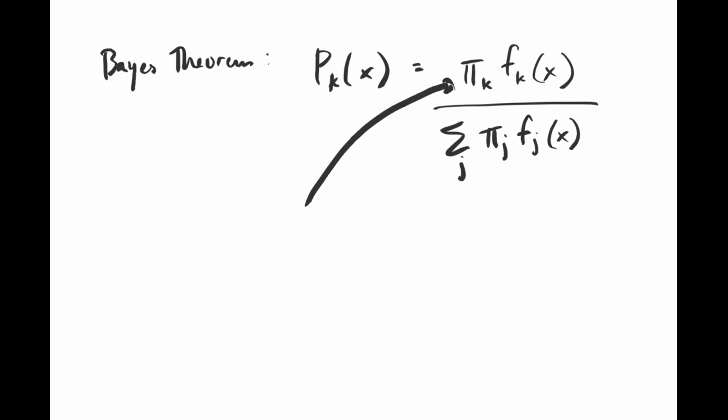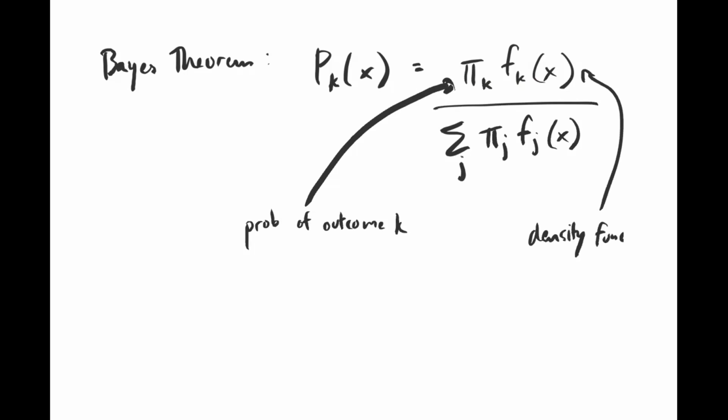So pi_k refers to the observed probability of outcome k. And then f_k(x) is a density function of x for an observation from k.